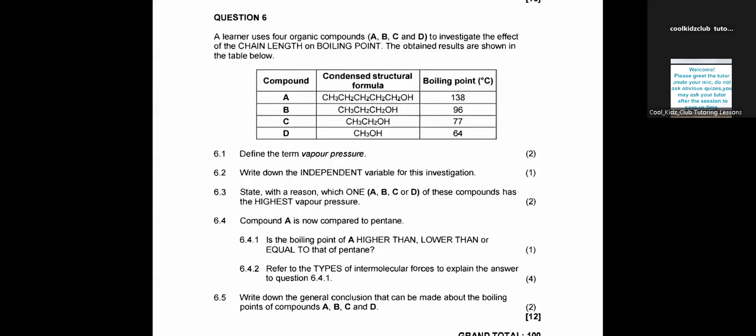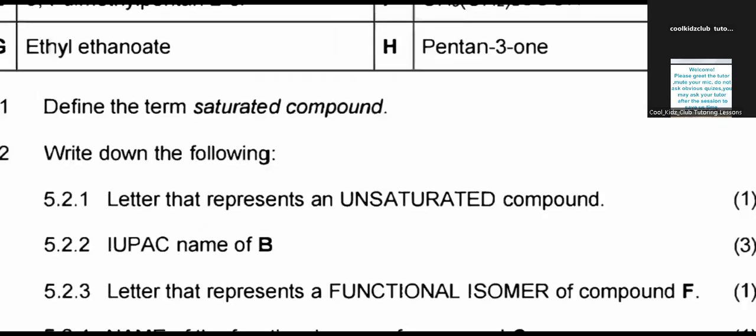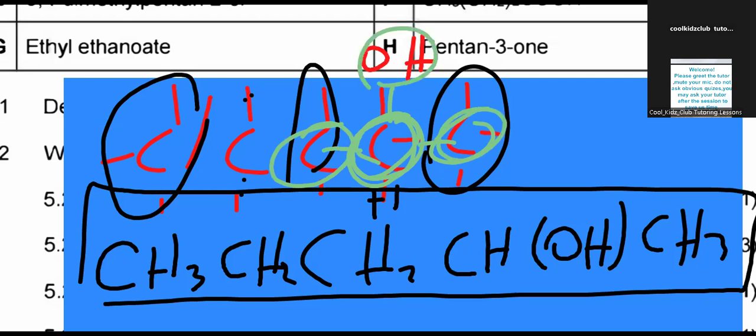All right. Well, is it a primary alcohol? It's a secondary alcohol. We know it's a secondary alcohol because the secondary alcohol means the carbon that has an OH is connected to two carbons.